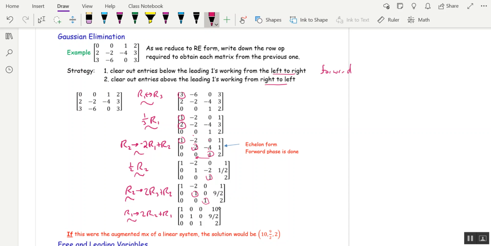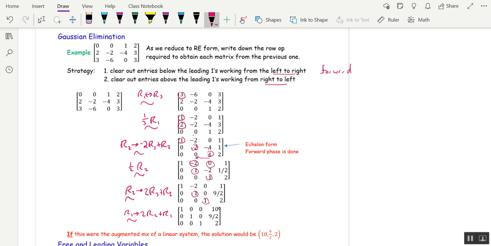Now the reason you want to start at the right when you're doing the backward phase is that, let's say I were to take this 1 and try and kill off the -2 now. Unfortunately that would screw up that 0. It would make that 0 a non-zero.